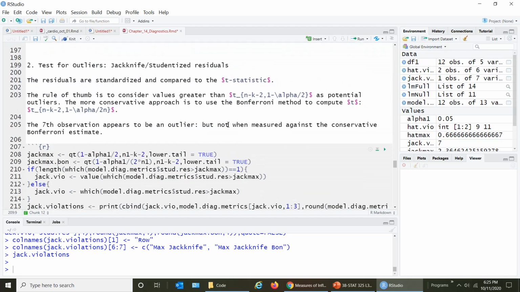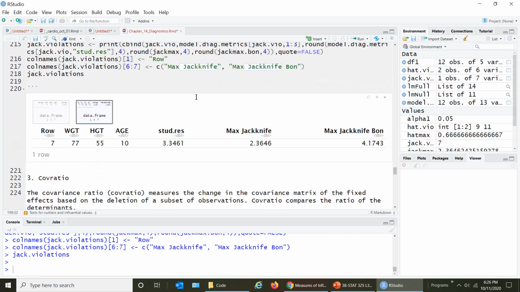Now, let's move on to the covariance ratio, which measures the change. Oh, and I didn't talk about what this is. A studentized or jackknife residual is the standardized residual divided by its standard deviation. The jackknife is where you remove the current observation and calculate the residual based on removing one observation at a time.